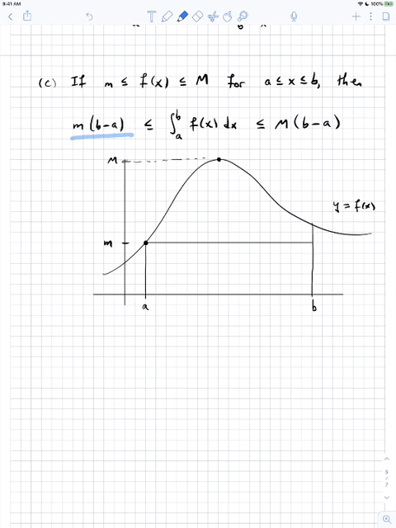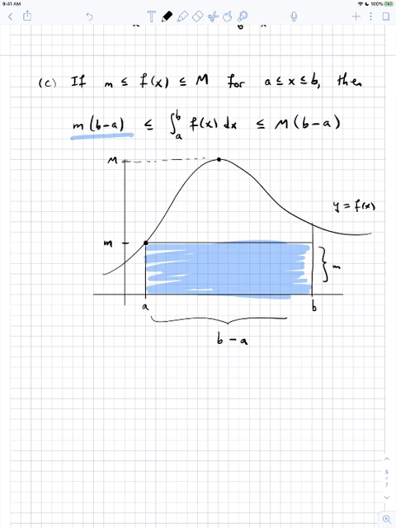So if I shade it in, it's this region right here. The area of this rectangle is little m times b minus a. And you can see that that's less than the area underneath the curve.